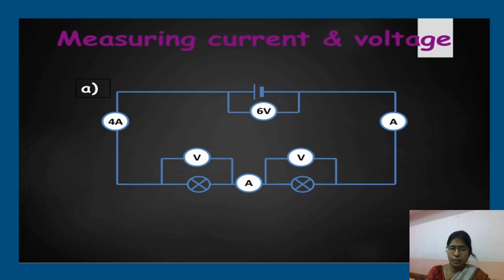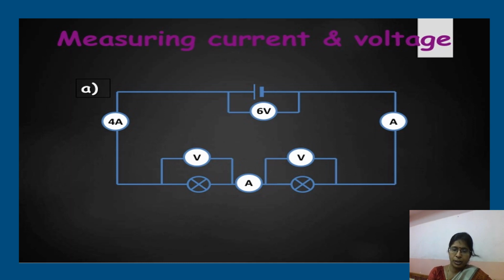So here is a measurement of current and voltage. When you are trying to measure current and voltage in a circuit, you should do two things first. That is, identify the type of circuit. Then next, recollect what remains the same in the circuit, and then start calculating the quantity which you have to find out. Okay.